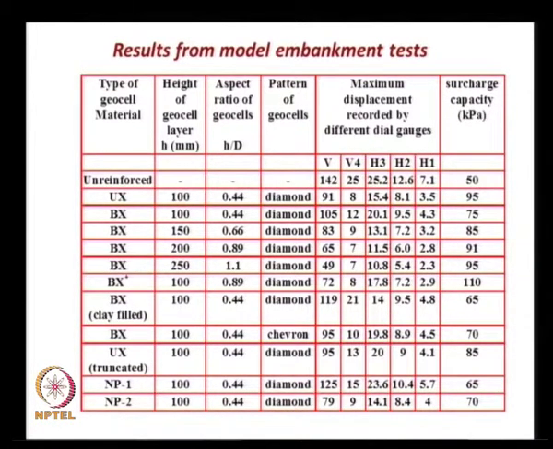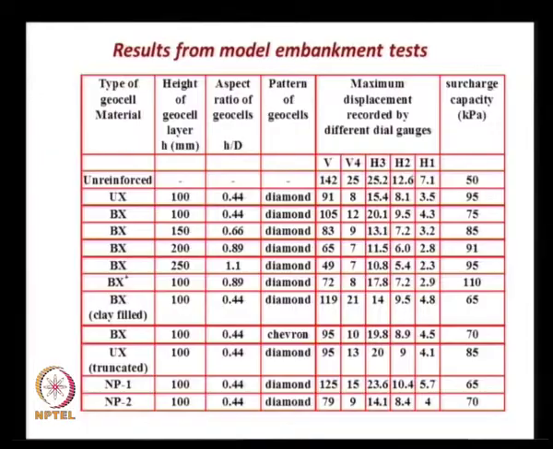For very small values, which means very large pocket sizes, the vertical geogrid layers will not have adequate restraining effect, and they behave like much softer materials.